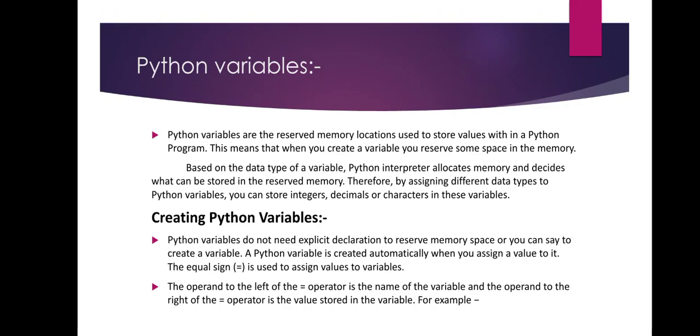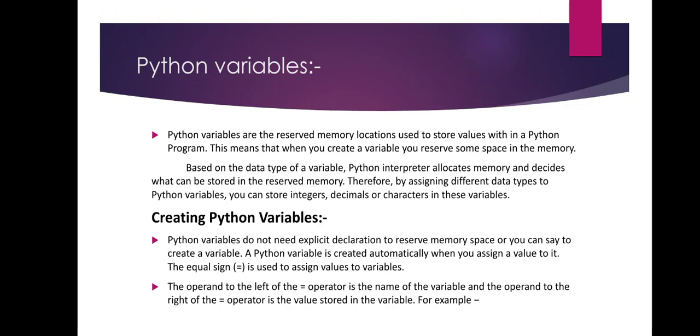Now we perform the addition: c is equal to a plus b, which is 20 plus 30, and the result 50 is stored in c, another reserved memory location for the result of the addition. In this way we use Python variables.